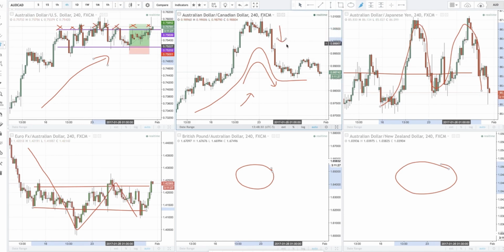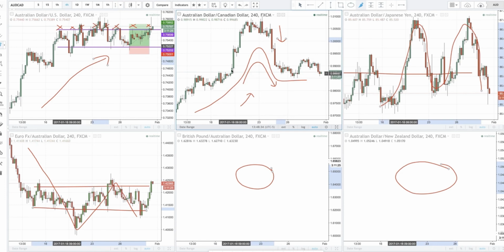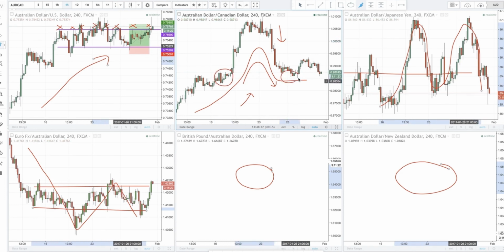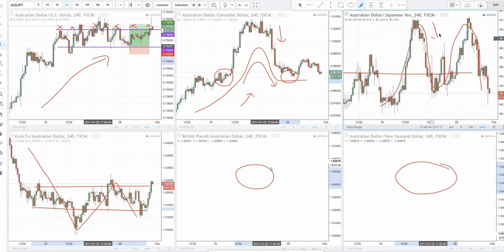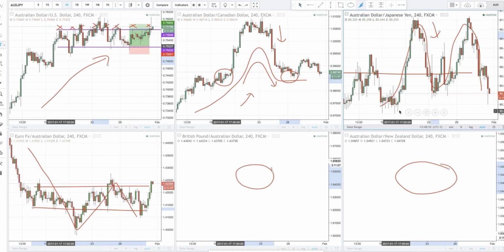But these aggressive sellers are almost coming in 100% back. That's a little bit weird. Okay, what else do we got? We got aggressive sellers here in Aussie yen. That's pretty good, if there are aggressive sellers there and we're in a slight incline to the north.